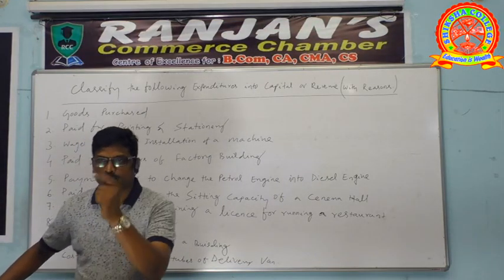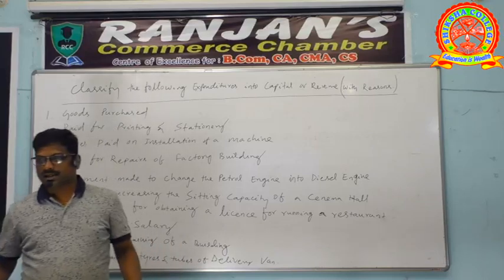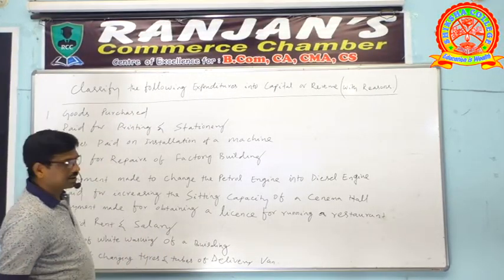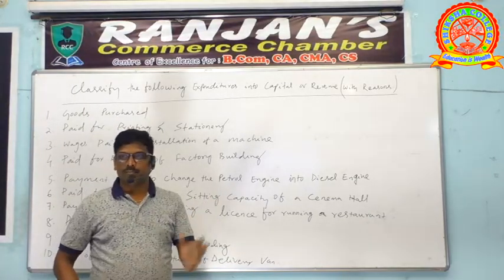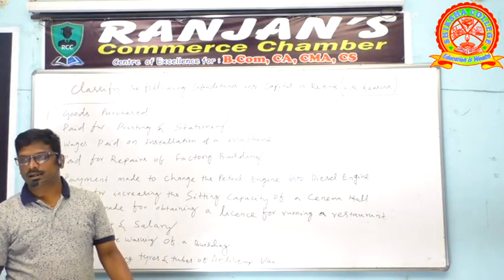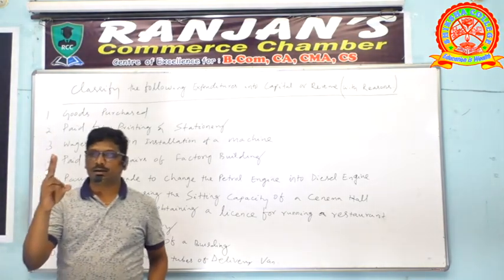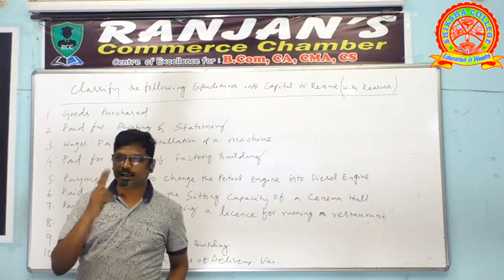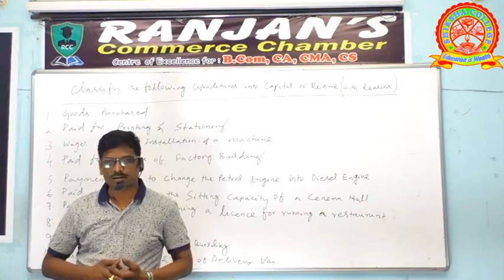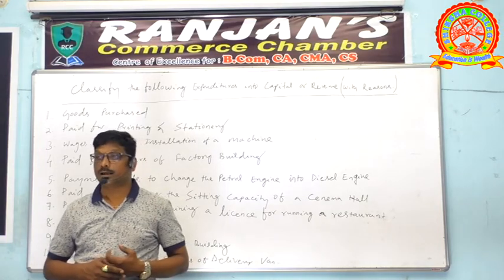As per my view, the business has done the right thing. It replaced the petrol driven engine by a diesel driven engine for which it incurred 2 lakh rupees. The 2 lakh it has incurred is an expenditure. What will you say? Which category?